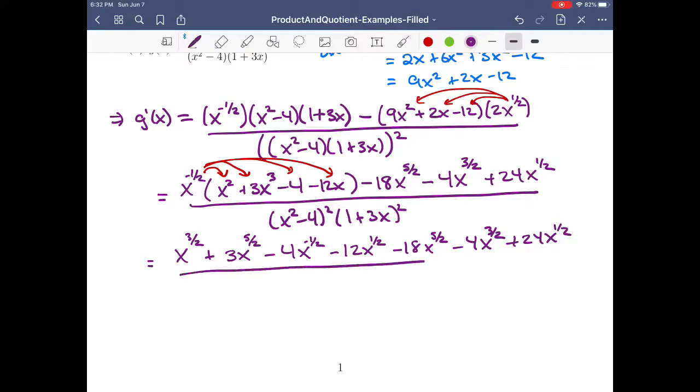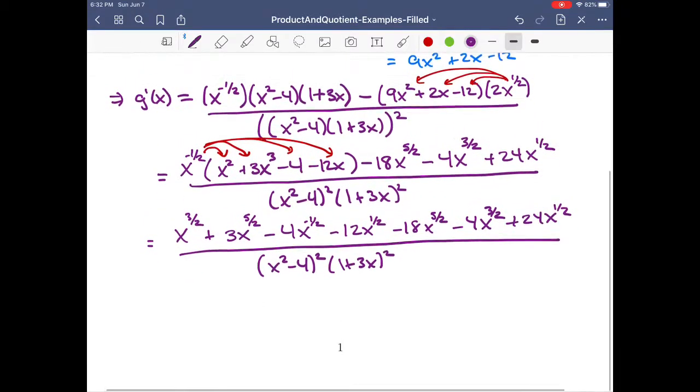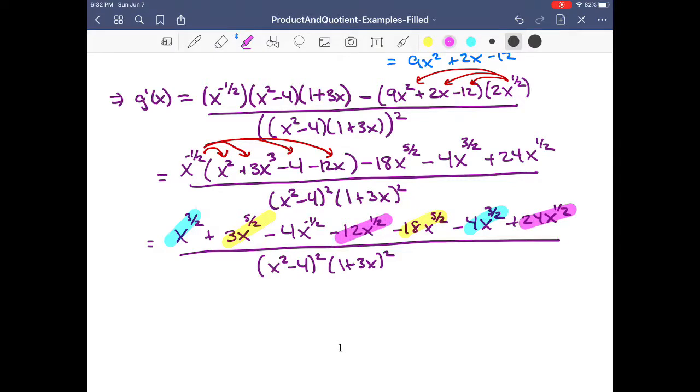Now I just want to put like terms together. I see x to the 3 over 2, I have a few of those. X to the 5 over 2, I have some of those. And x to the 1 over 2, I have some of those in common.